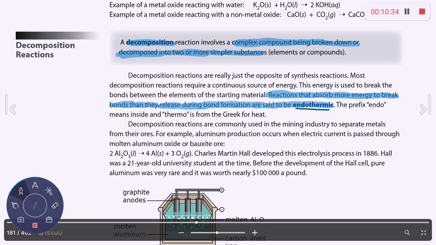So endothermic means we are going to absorb heat here, and you need this to break the bonds in the reactants. Common example here is aluminum oxide decomposing into its elements, aluminum and oxygen. I think that's all we need for that page. Let's turn the page.